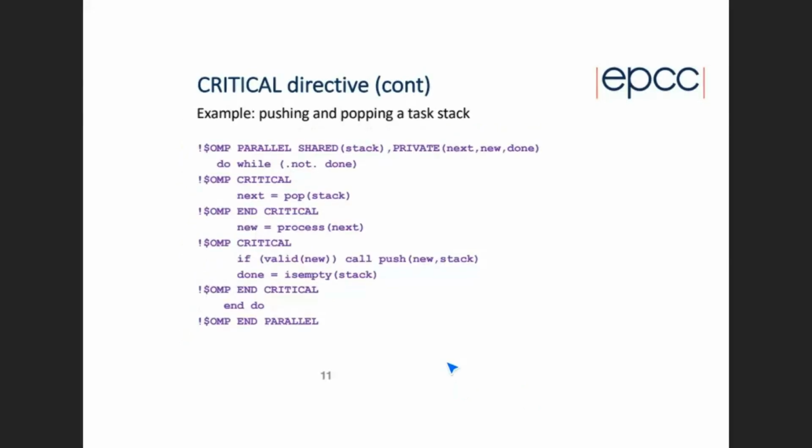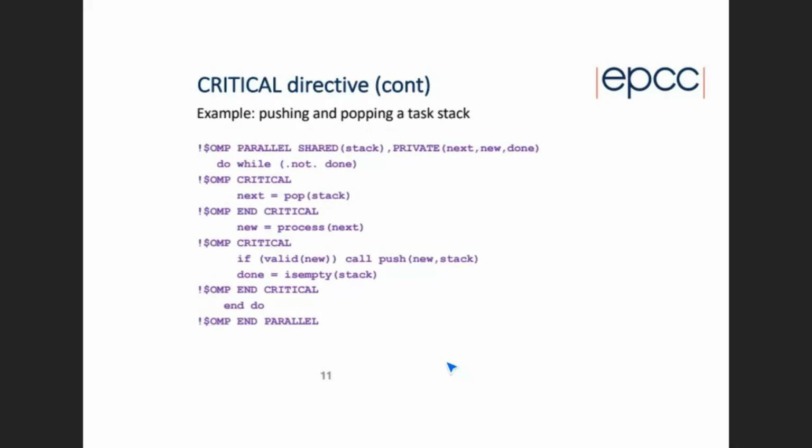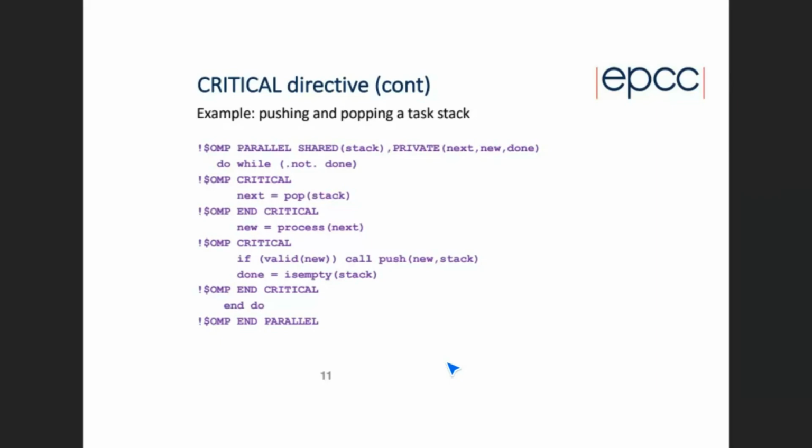Again, same deal in Fortran. So it might occur to you to think, what happens if I have two different shared data structures and I want to use critical sections to protect them? Is this mutual exclusion across all critical sections not overkill? How would I get around that? There is a mechanism for doing that.